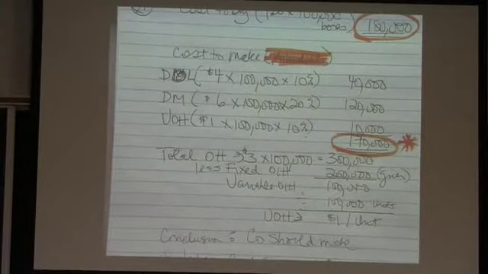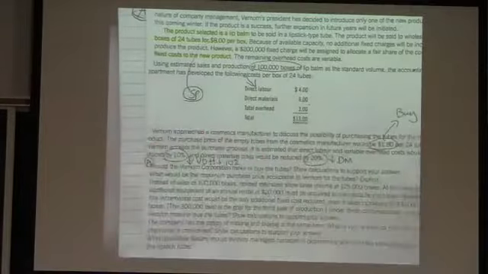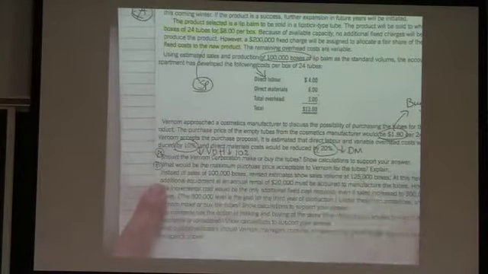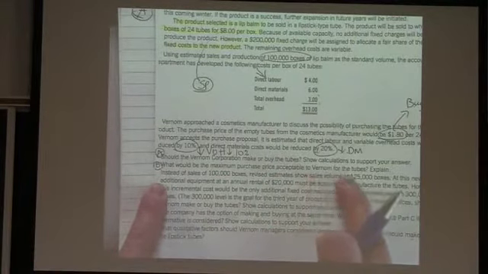Okay, so that's the first part of the question. Let's label that part A. Part B says, what would be the maximum price acceptable to Vernum for the tubes? Explain. So how much are we willing to pay for the tube?